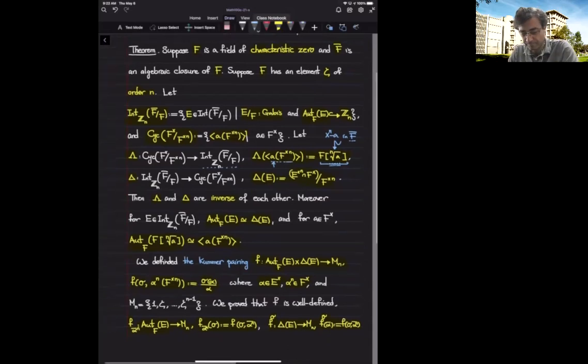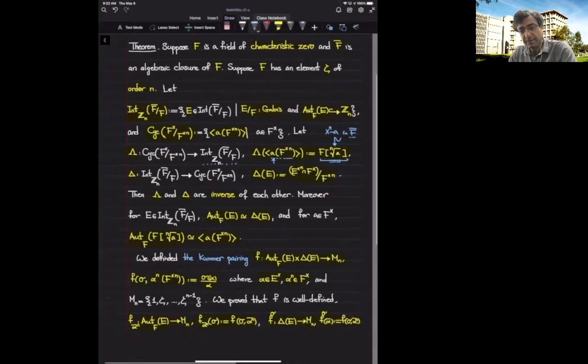Now, what is delta? Suppose E over F is a Galois extension and it is cyclic, and the degree of this extension divides n. Alternatively, I can say that the group of automorphisms of E over F can be embedded into a cyclic group of order n.